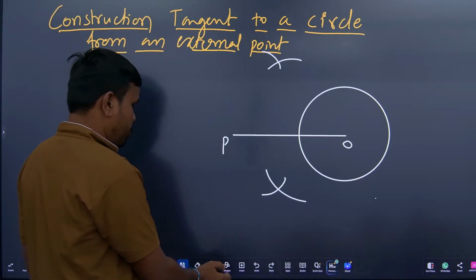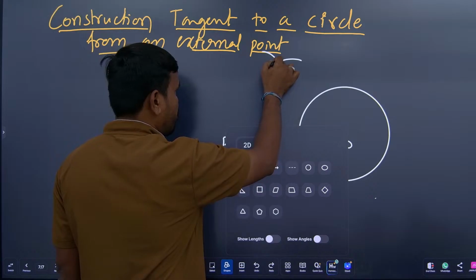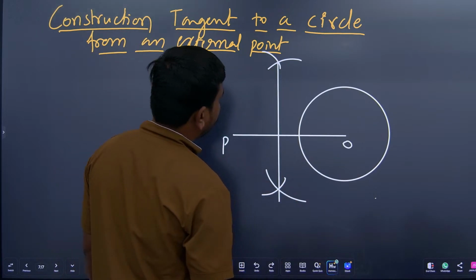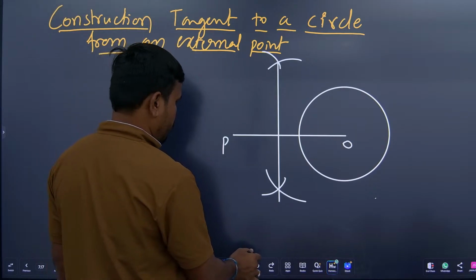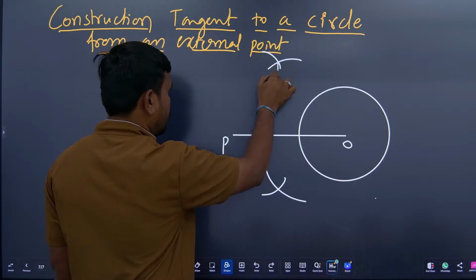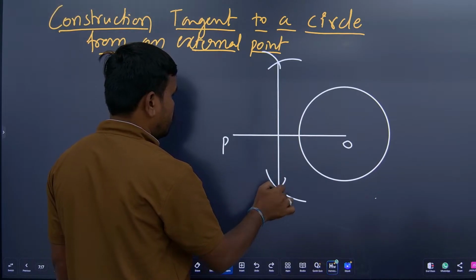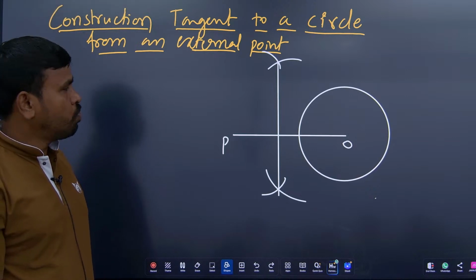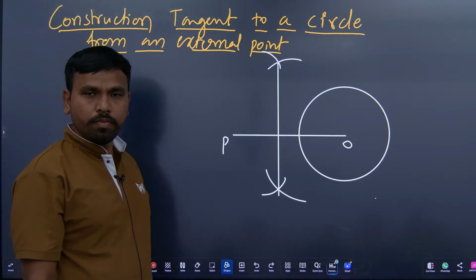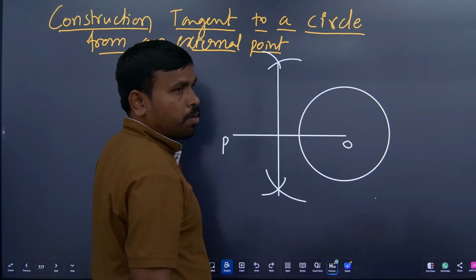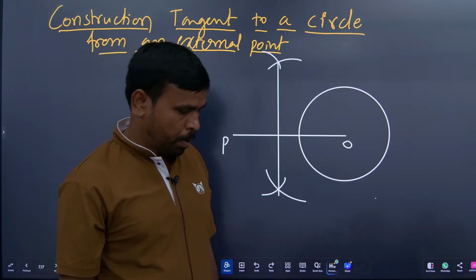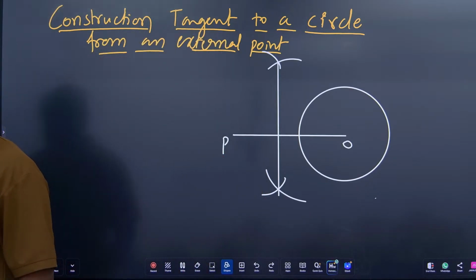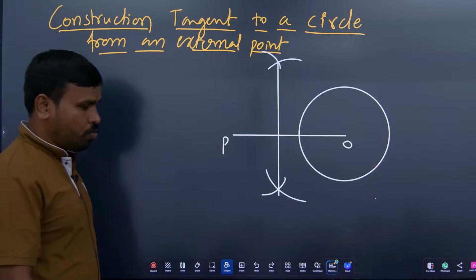Now join these 2 points. This is the perpendicular bisector of OP. Now the line OP is equally divided into 2 halves.